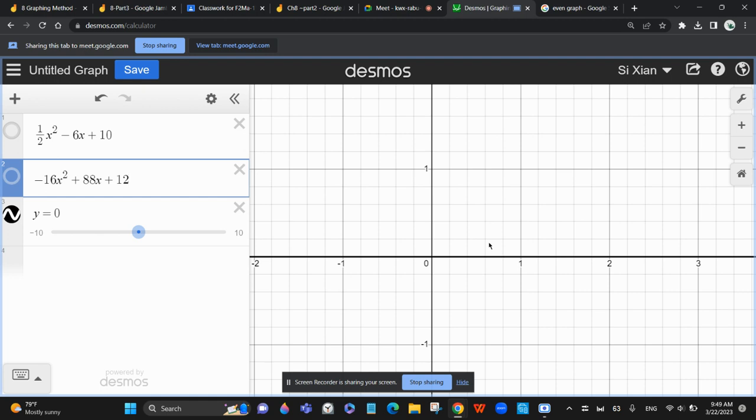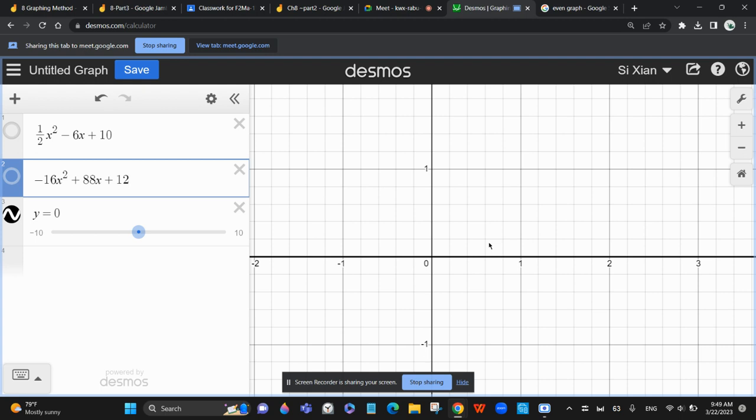So you need to remember that even just means if you fold the graph through the y-axis, then the image will map onto the same part.